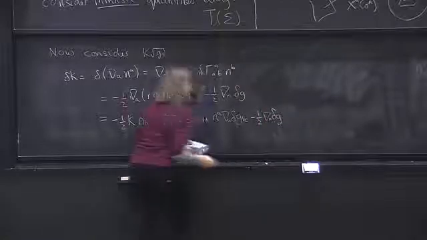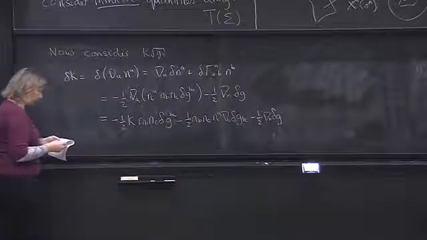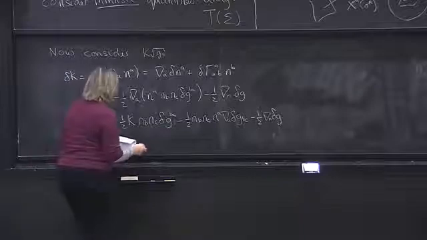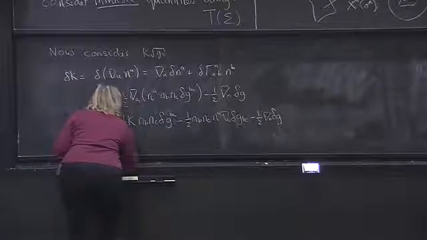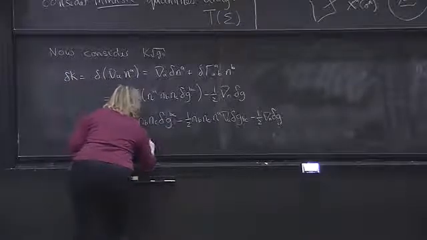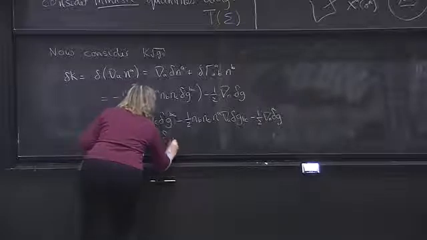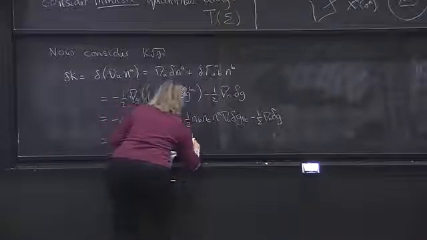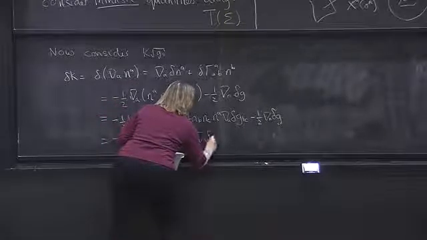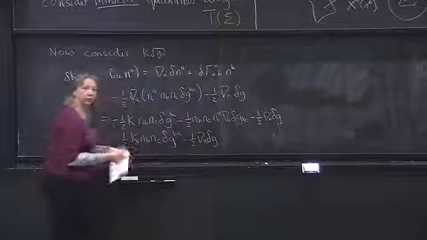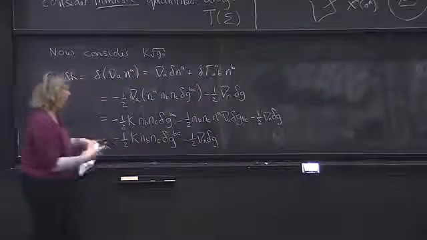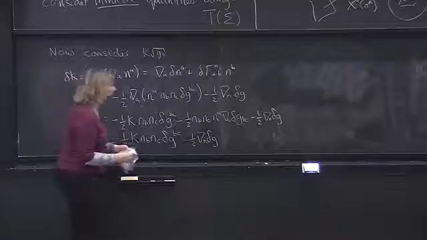So the only bit I get is actually taking the derivative of delta G. So I've taken the first and last pieces because they're kind of where I want them to be for now.